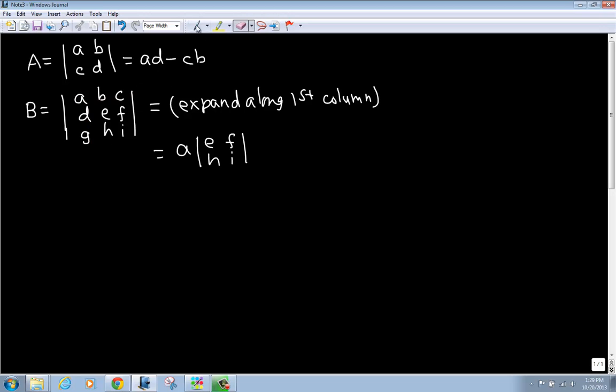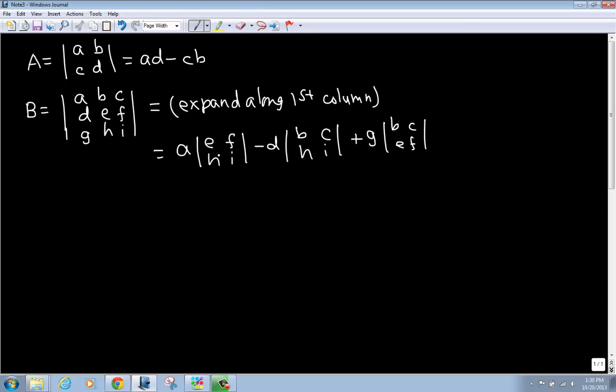Now the second is minus D. Like previously, just delete the row containing D and the column containing D, so you have the determinant of B, C, H, I. And in the same way, plus G: you delete the row and column containing G, so B, C, E, F. In fact, this is called the minor of this entry, and with the plus or minus sign it's called the cofactor.